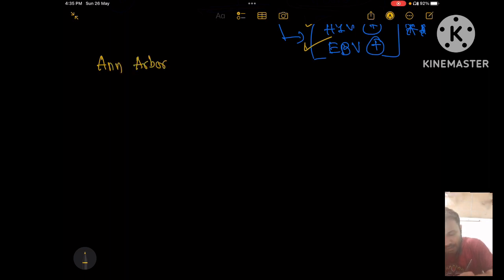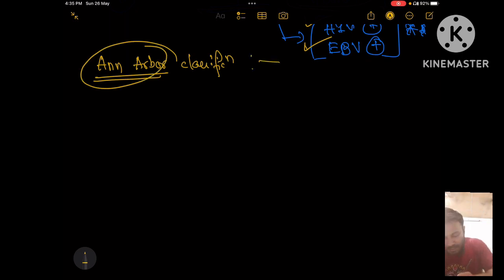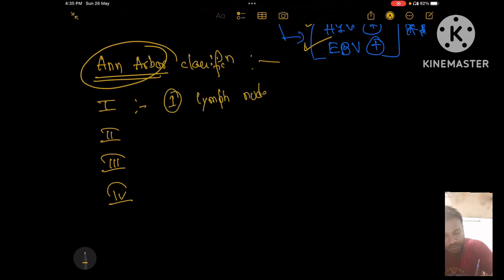In Ann Arbor classification, there are 4 stages. First, single lymph node origin. Next, two or more lymph node origin but on the same side of the diaphragm.